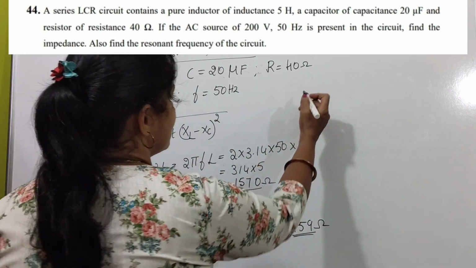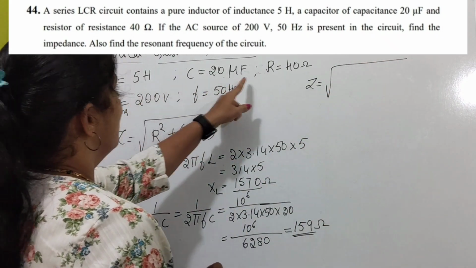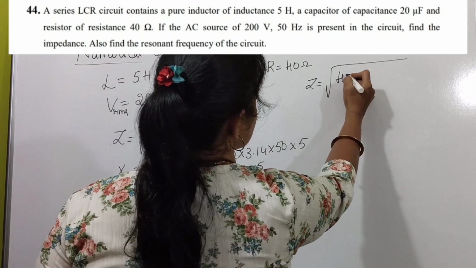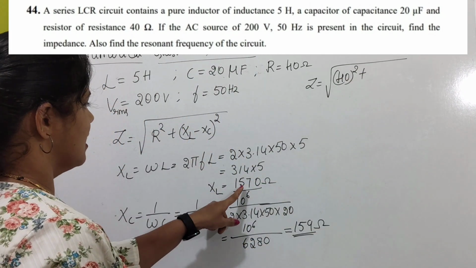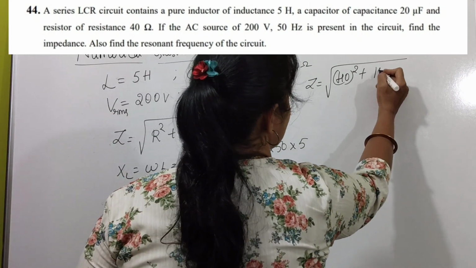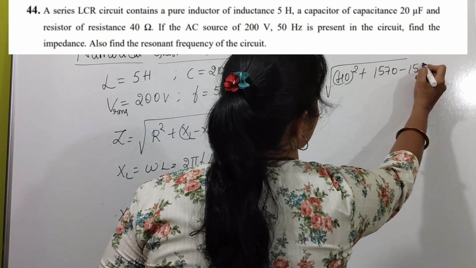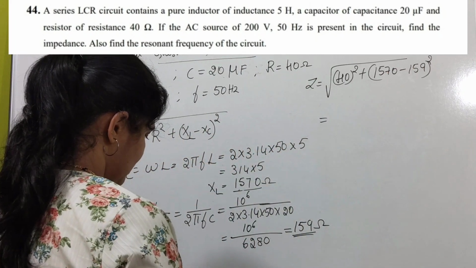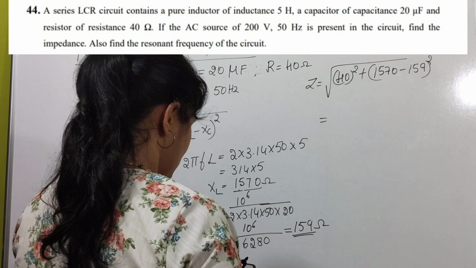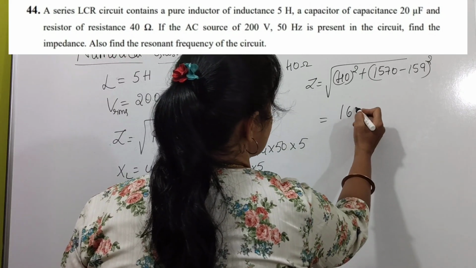Now let us calculate Z. Z is equal to square root of R square, R is 40, plus XL minus XC, XL is 1570 minus XC is 159, squared. 40 into 40 is 1600.